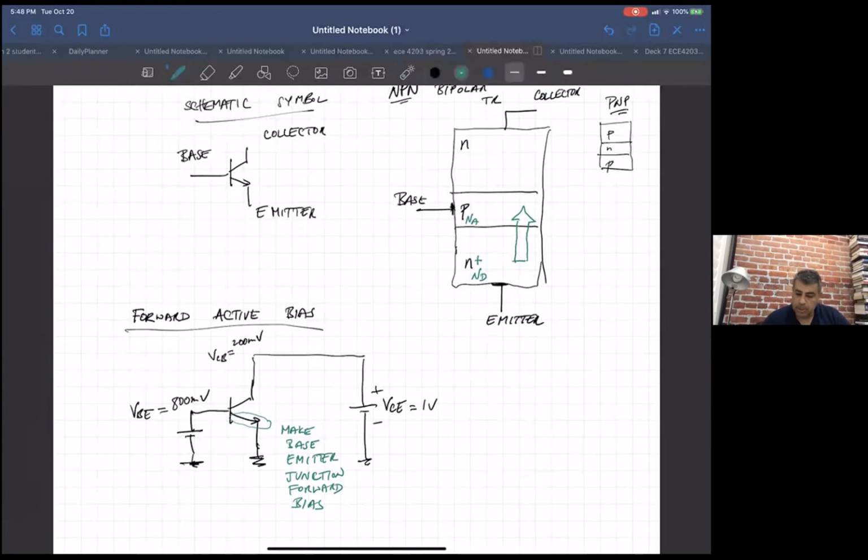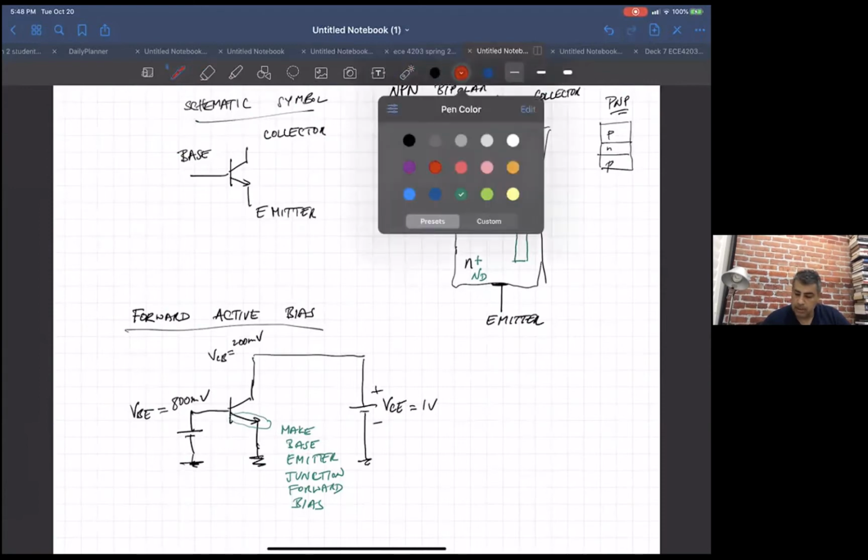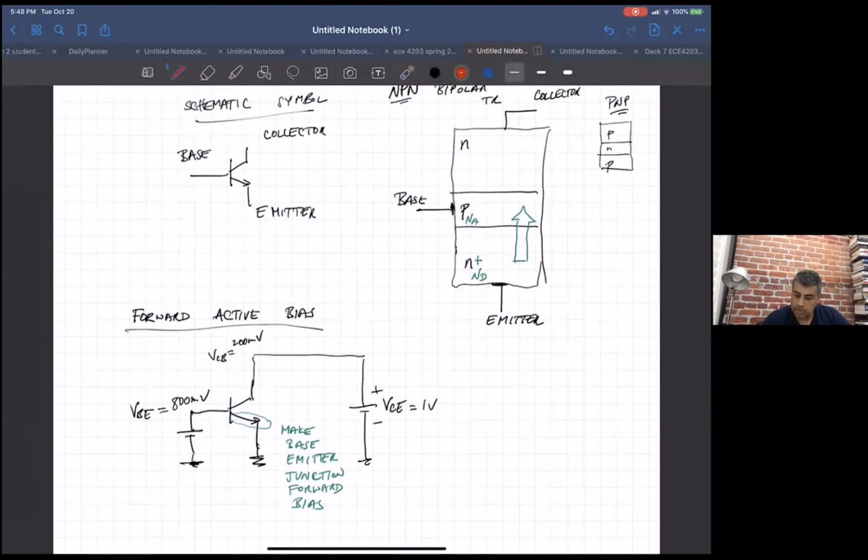By the same token, you're going to get a bunch of holes. So sorry, this is electrons. So these are electrons going from the emitter to the base. And then you'll get holes because there are more holes in the base than there are in the emitter. You're going to get holes going into the emitter.